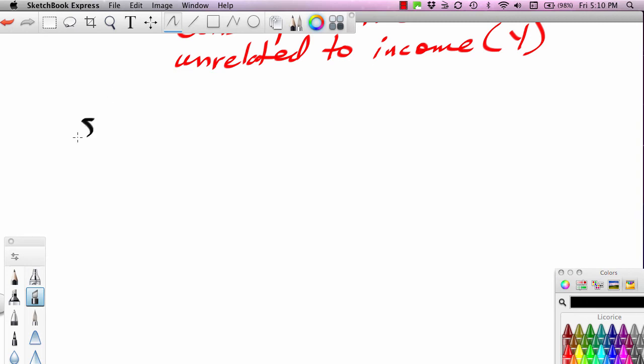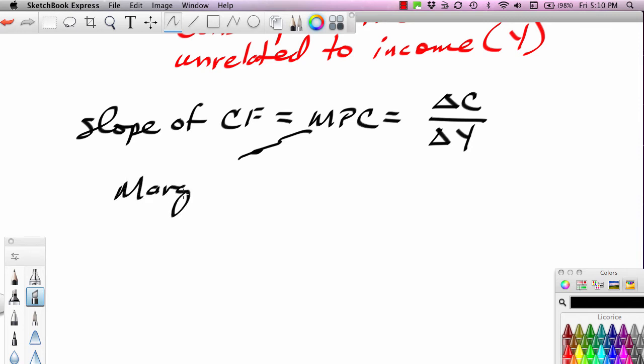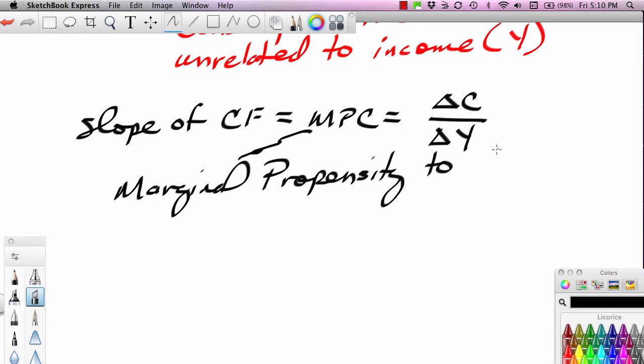So the slope of CF equals something called MPC. And MPC, as we said, is the change in C over the change in Y. What do we mean by MPC? What is this? MPC is what is called the marginal propensity to consume.